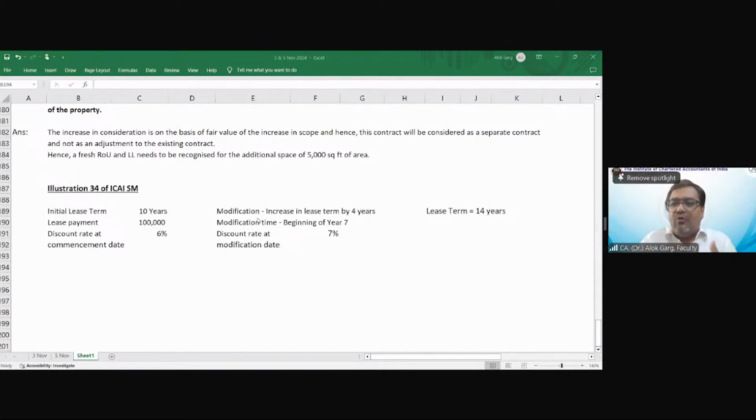What is the rate of interest which is charged by the bank from me? Bank मुझसे कितना charge करेगा? I am considering the next 8 years. For an 8-year period, if I have to enter into a borrowing of, let's say, 50 lakh rupees, then what is the rate of interest to me? So the time value of money is important because the time is changing. The term is changing.